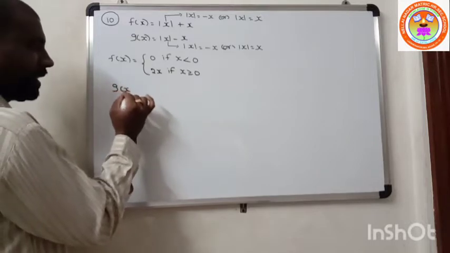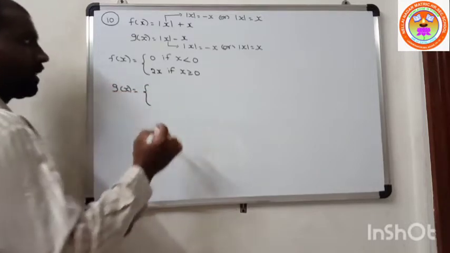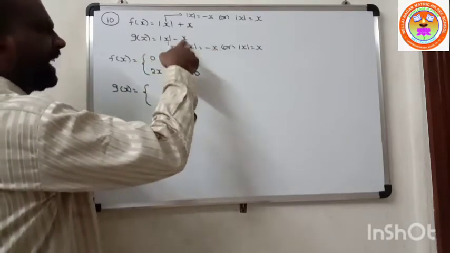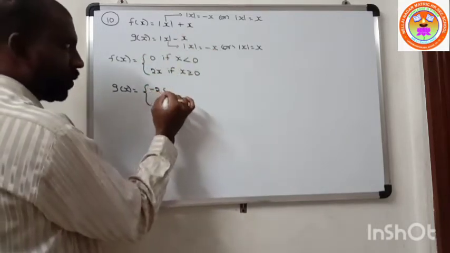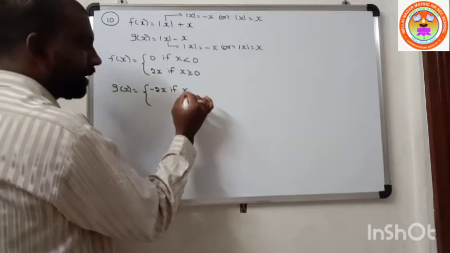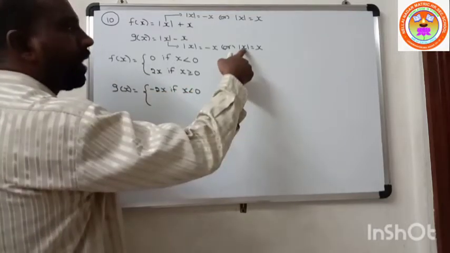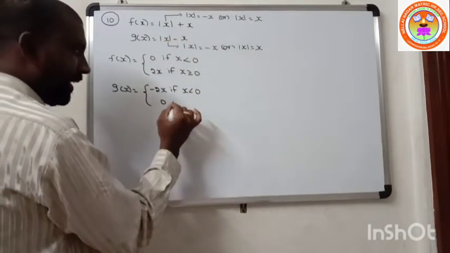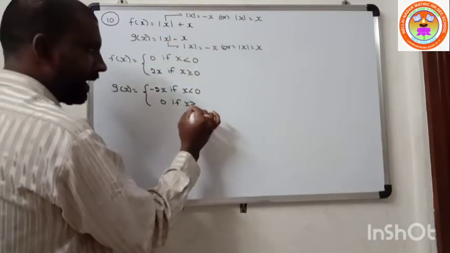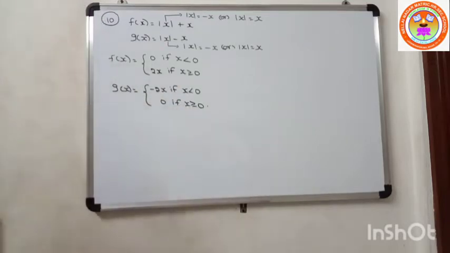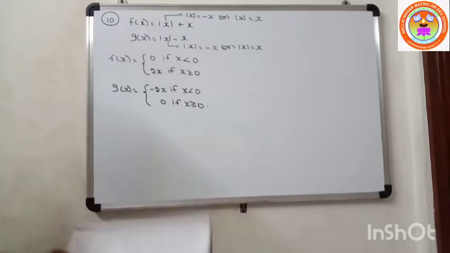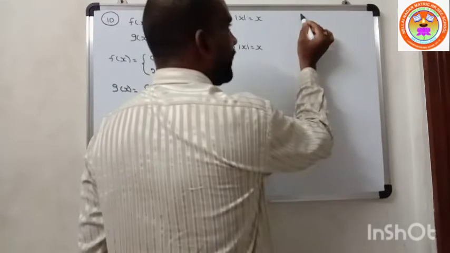Then g(x) equal to modulus of x replaced by minus x, minus x, that is 2x if x is less than 0. Modulus of x replaced by x, minus x, that is 0 if x is greater than or equal to 0. The given question: find f composite g and g composite f.